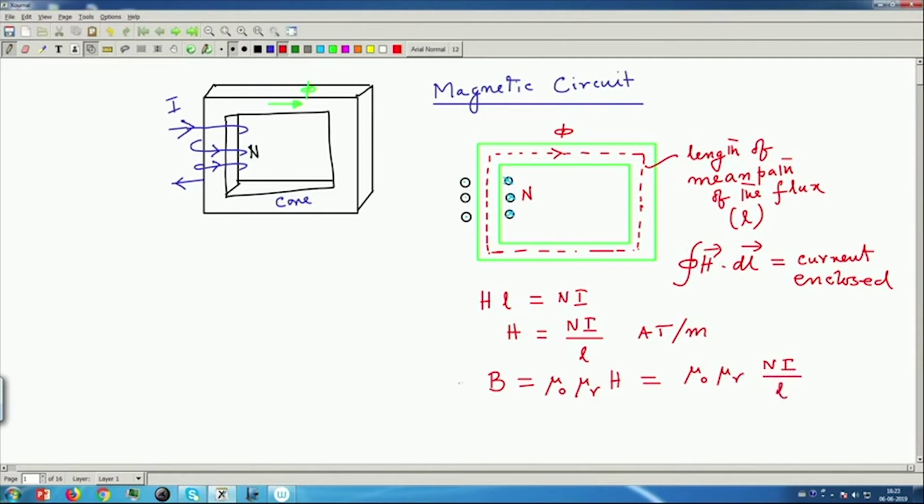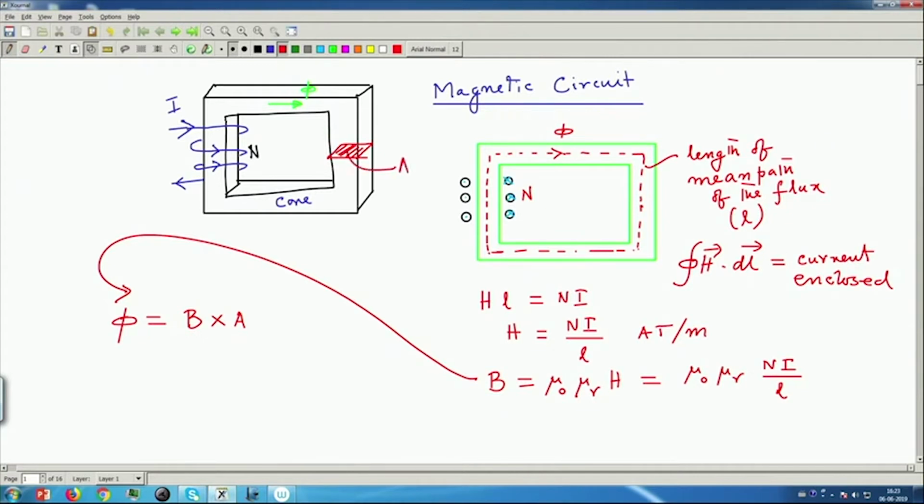Then the flux produced, which is in Weber, will be equal to B into the cross sectional area A. What is this A? A is this cross sectional area, through which flux will be flowing.